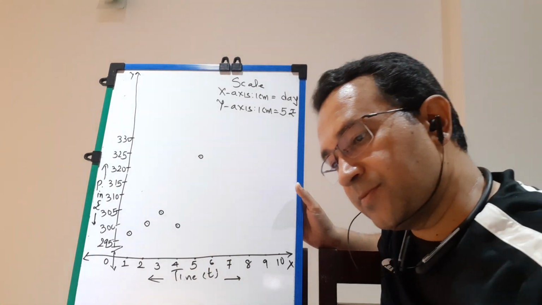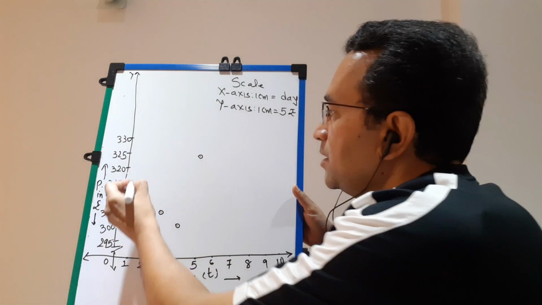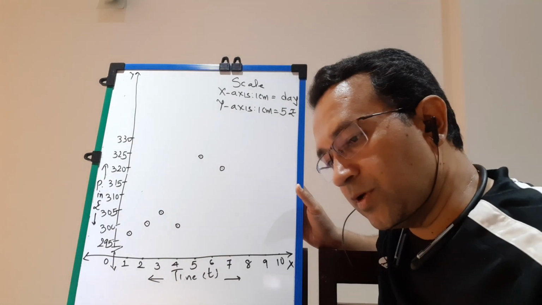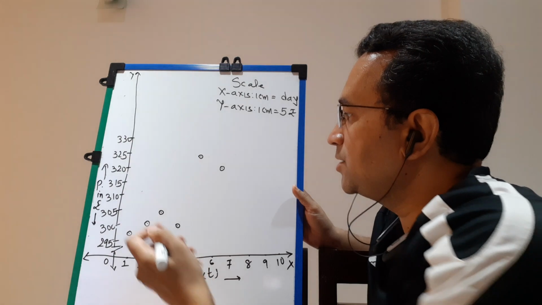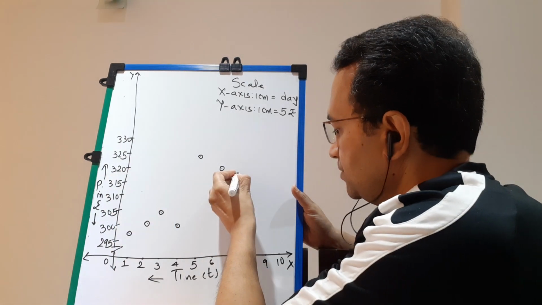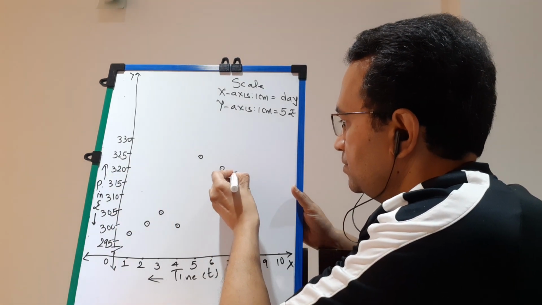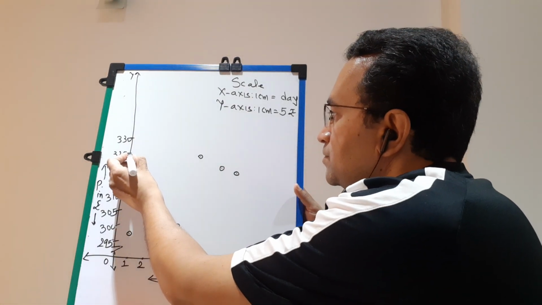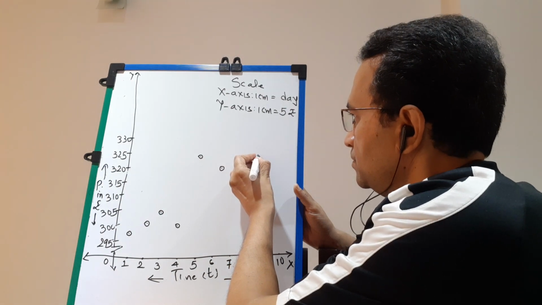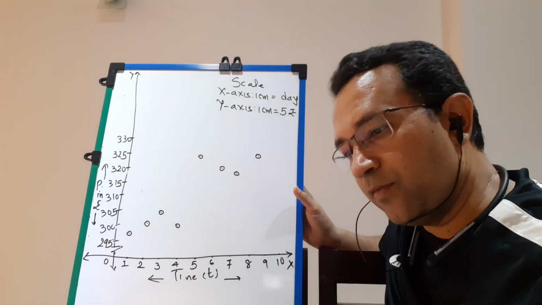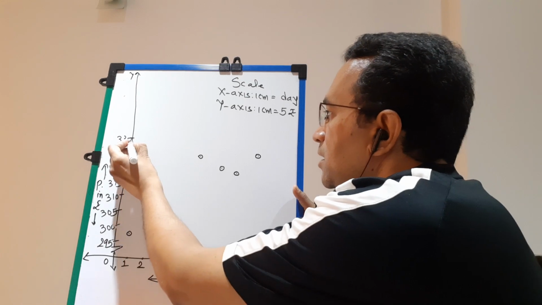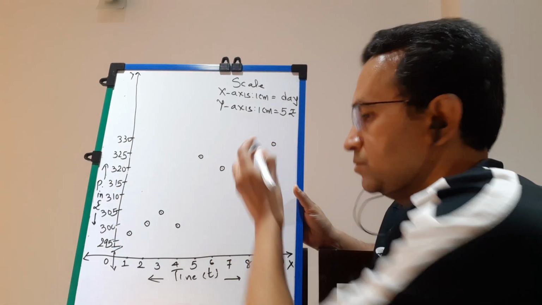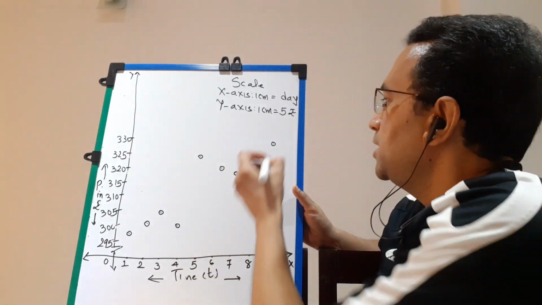Then for 6 it is 320. For 7 it is 318. For 8 it is 324. For 9 it is 329. And for 10 it is 328.